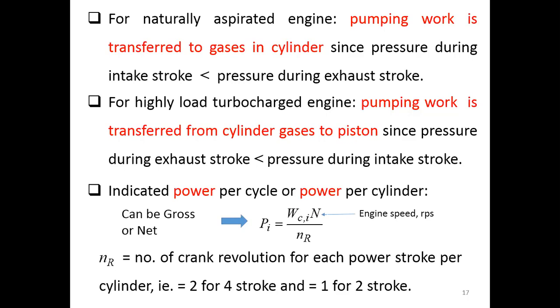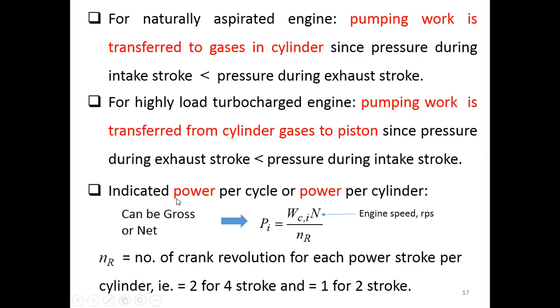It gives back to the engine, right? Because they don't need to give this to the gas due to the turbocharger, okay? So that's the reason why an engine with a turbocharger can provide higher work than the engine without a turbocharger, okay?